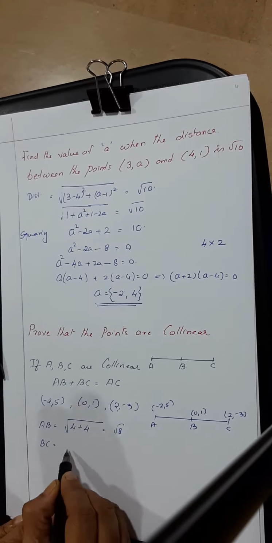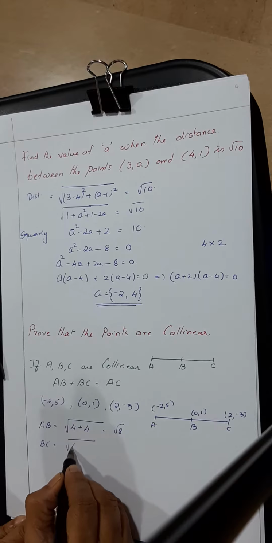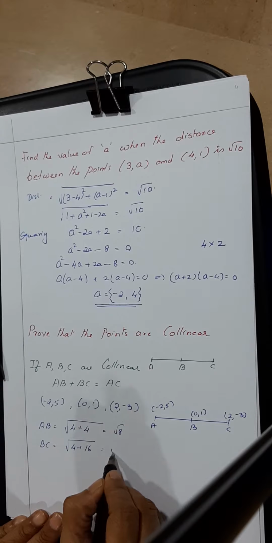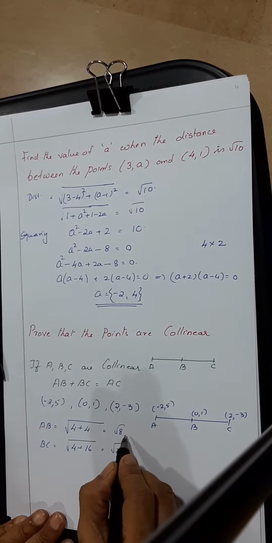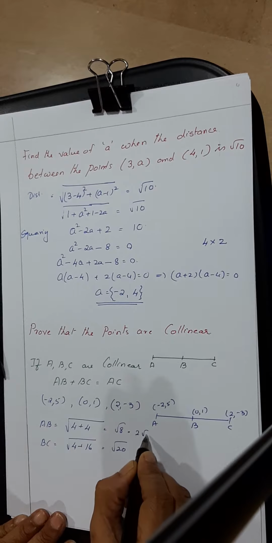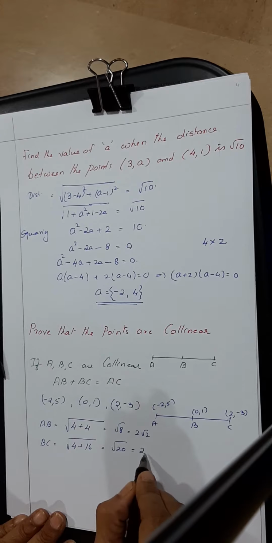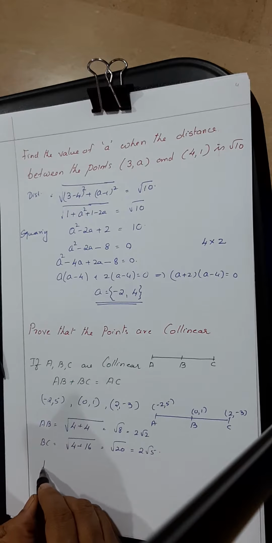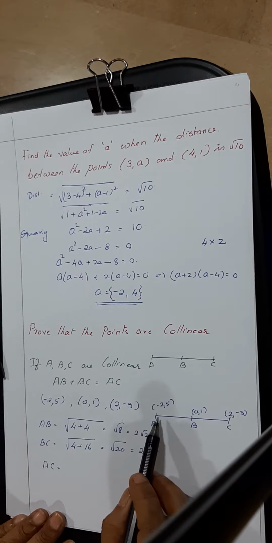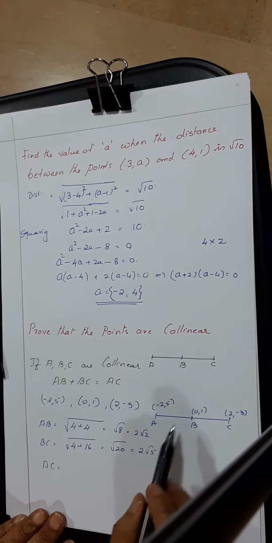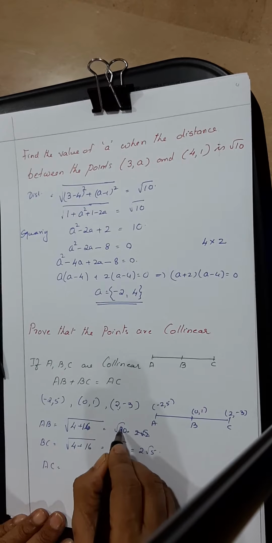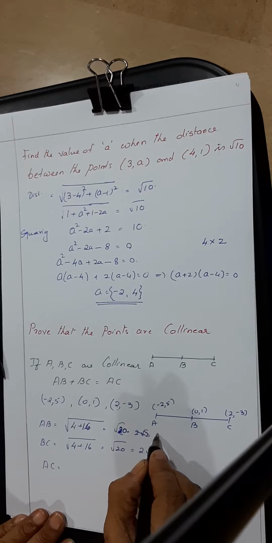This can be written as 4 into 2, so 2 root 2. BC is equal to, again 2 into 0 minus 2 is 4 plus 1 minus 3 is 4, so 16, is equal to root 20. So here it will be 2 root 5.